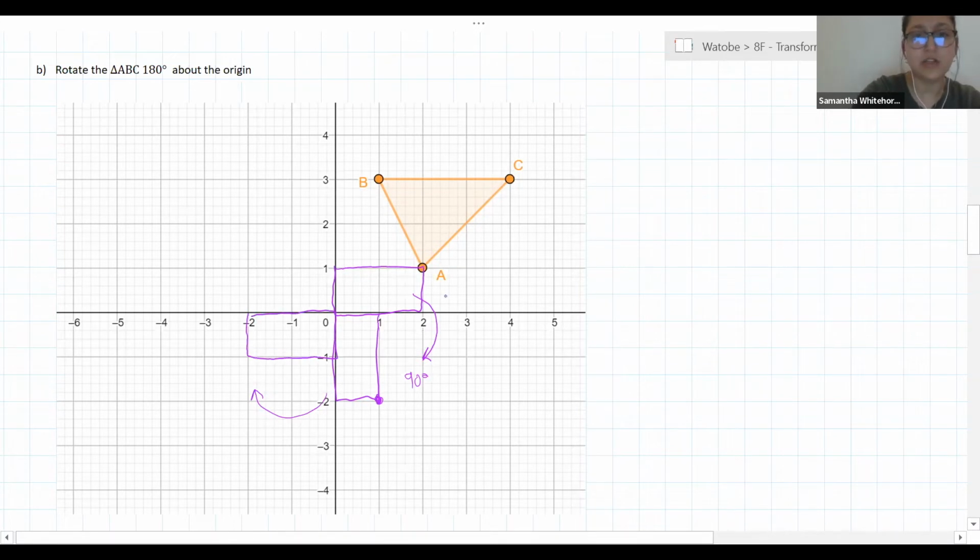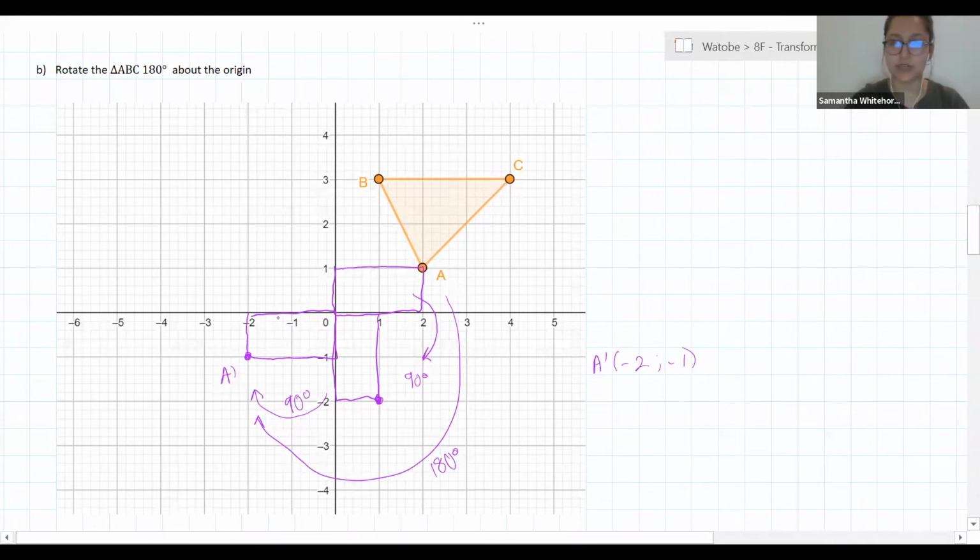And so if we total up the entire rotation, we've gone 180 degrees because we've done 2 90-degree rotations. I can see that my point A dash must end up at -2, -1. And so I've got my first coordinate for my triangle that's rotated 180 degrees.